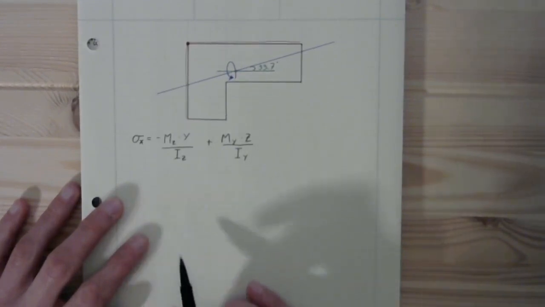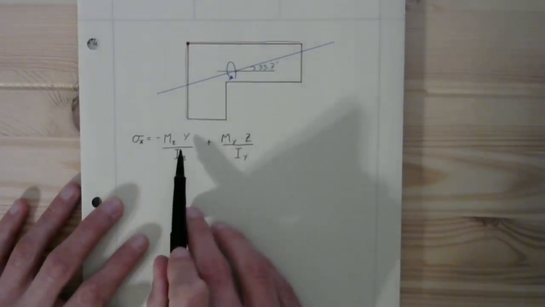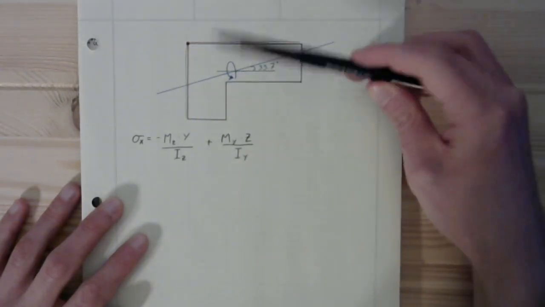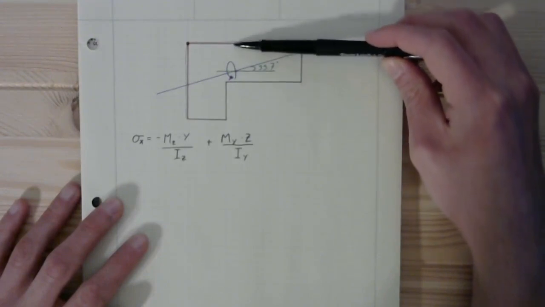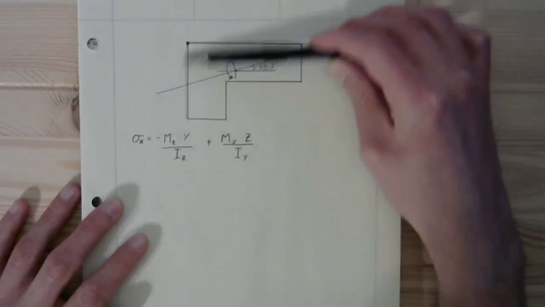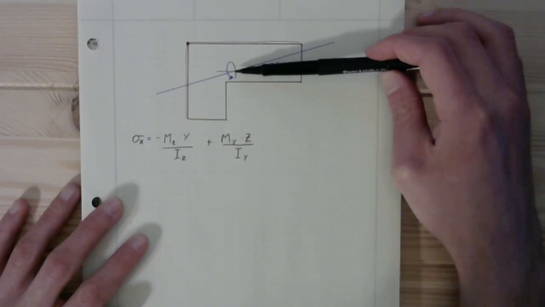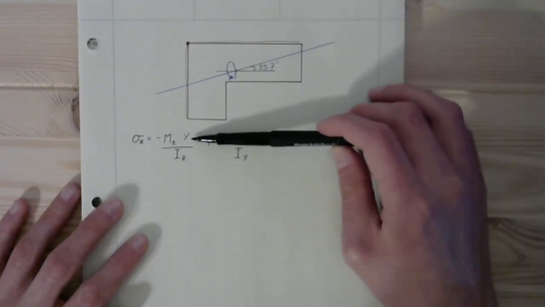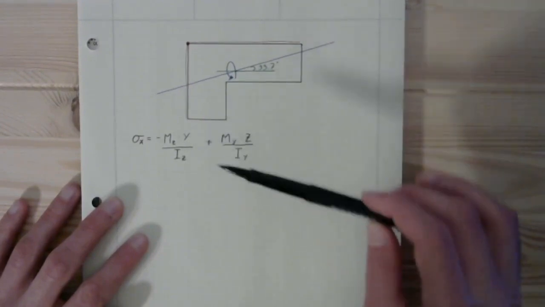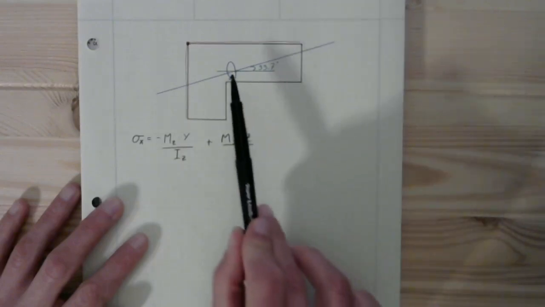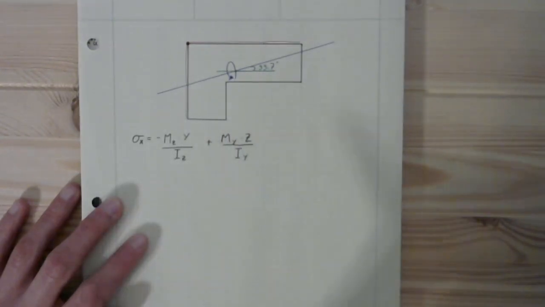So in this case, we're going to have a positive value for our y. That's 2 inches. Our centroid is at 1.25, so that's going to be positive 0.75. This z lever arm is going to be negative 1.25.